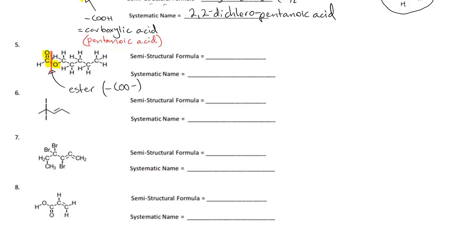between, we have to separate the two parts of the molecule into an alcohol part. So it's going to be the alcohol component, and the carboxylic component.